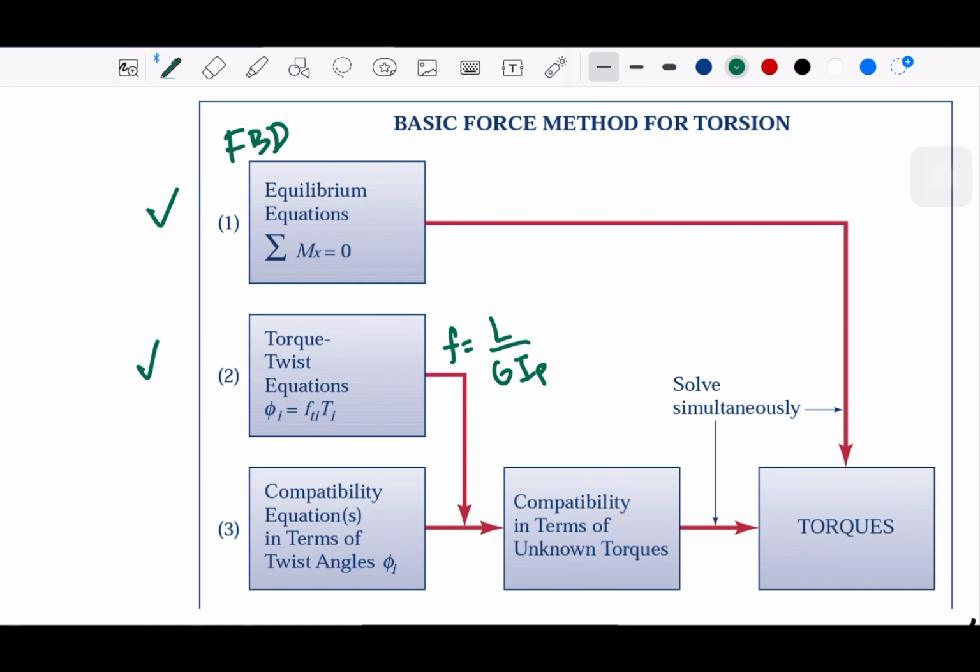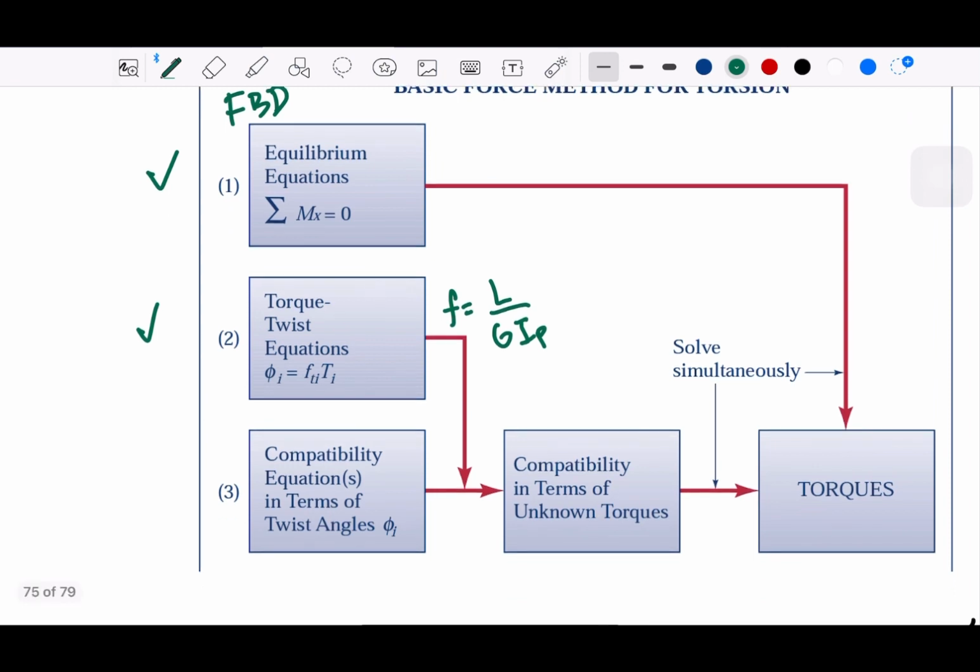And then from there we need to make sure we know the compatibility equations. So how do we know that we need compatibility equations? We know that when we take the equilibrium, if there are more than two unknowns in the members, then we need another relation to solve that.